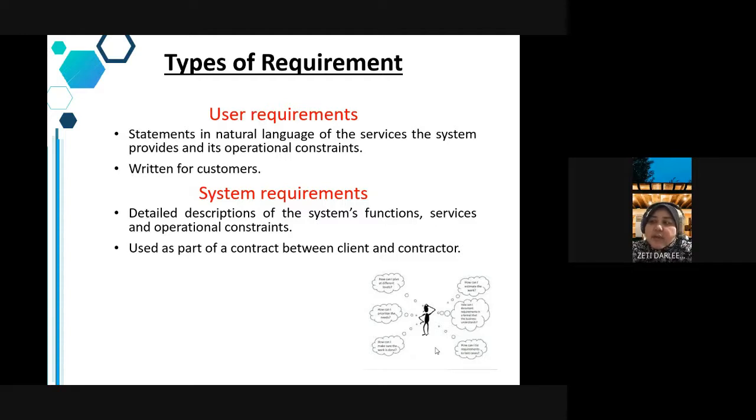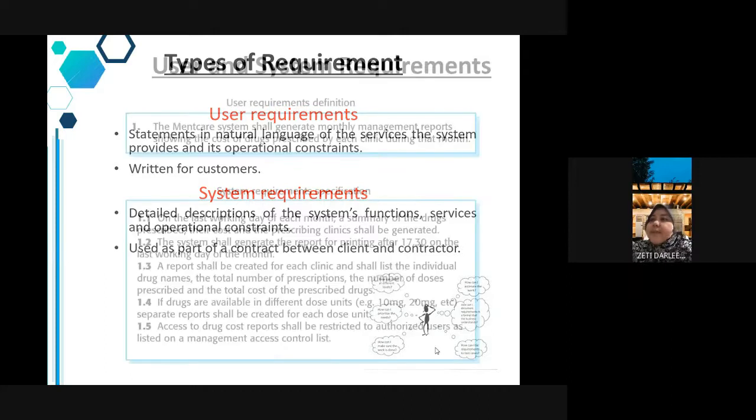Tapi kalau kita bagi juga, cara kita tulis untuk system requirement, kita minta klien baca, dia tak jadilah sebab dia akan jadi terlalu detail. So customer dia tak boleh nak garap benda tu lah. So that's why there are two types. So basically the teams kena provide user requirement dan juga system requirement. Okay. So the system requirement kita gunakan sebagai part of the contract untuk project kita.